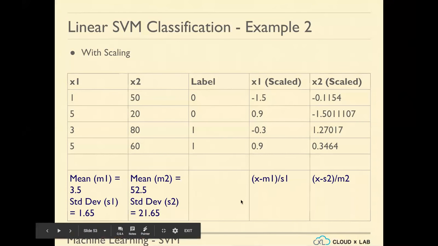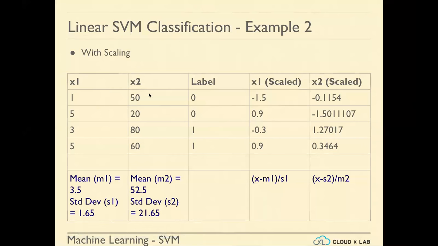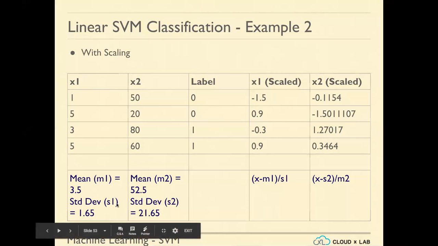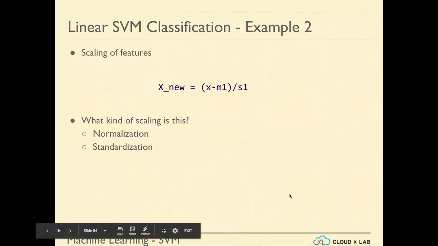The standard deviations S1 and S2 we computed. Now what we are computing is X minus M1 divided by S1. So for each of these features, we have computed the mean and standard deviation, and then we have done this.